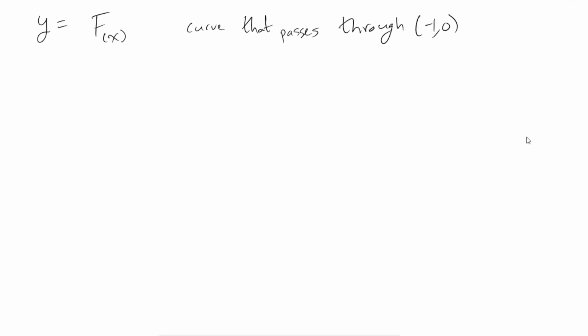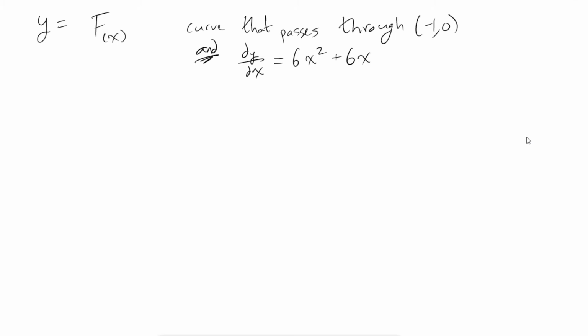For example number 2, it says find the curve of y is equal to the big F of x that passes through the point -1, 0. So -1, 0. And so this is going to be the secret here, the derivative of y with respect to x is equal to 6x squared plus 6x.